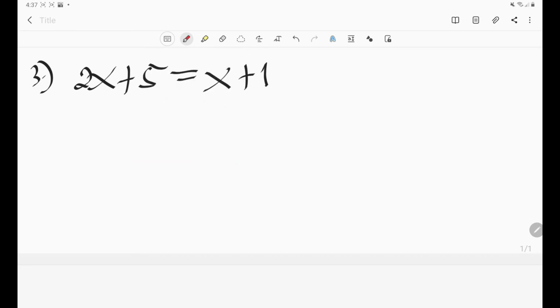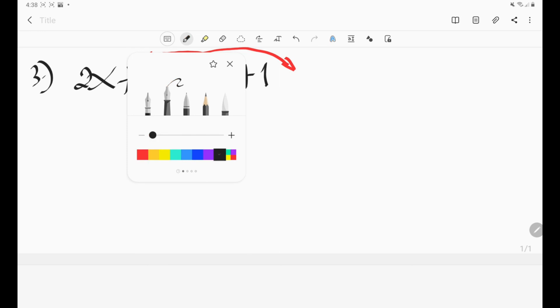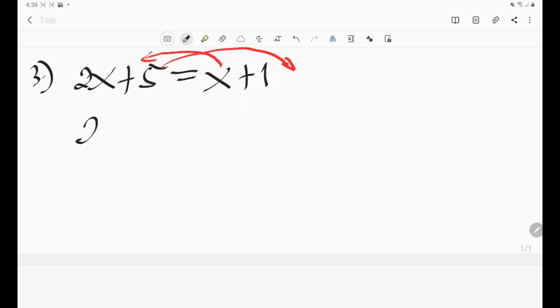What I'm going to do here is to transpose x to the left side and transpose 5 to the right side. So this is now equal to 2x minus x. When you transpose, you have to change its sign.